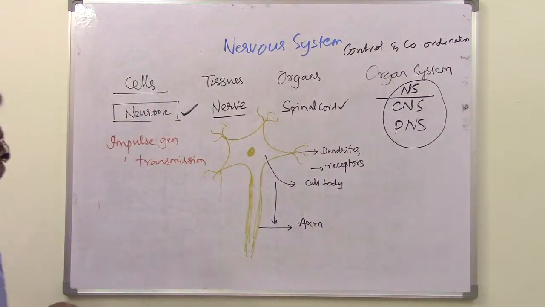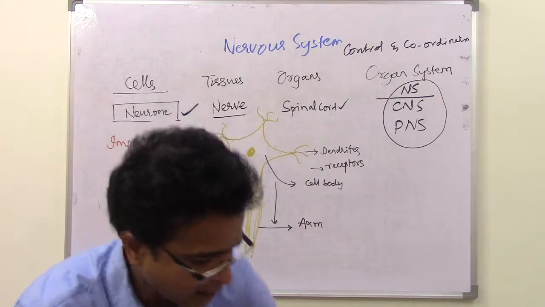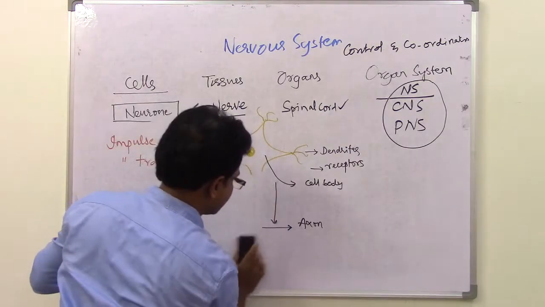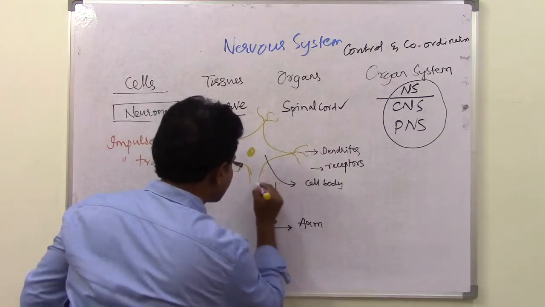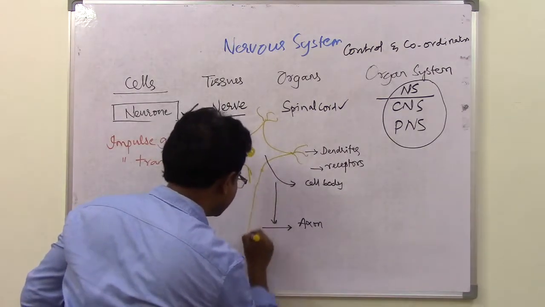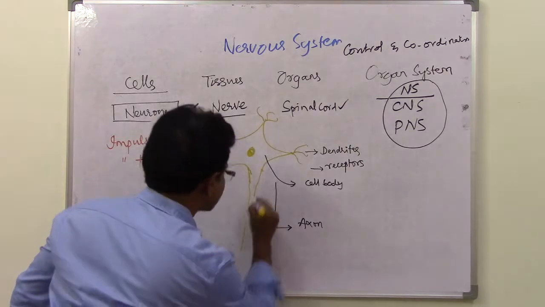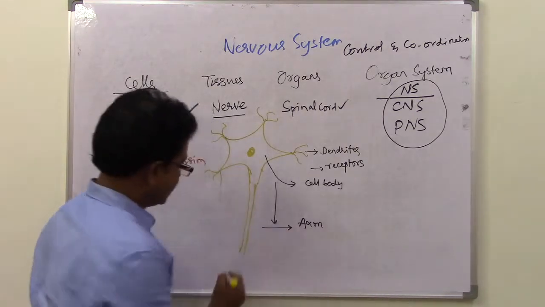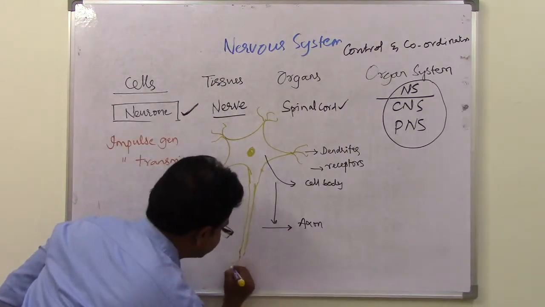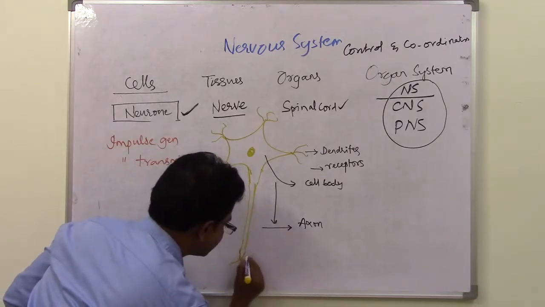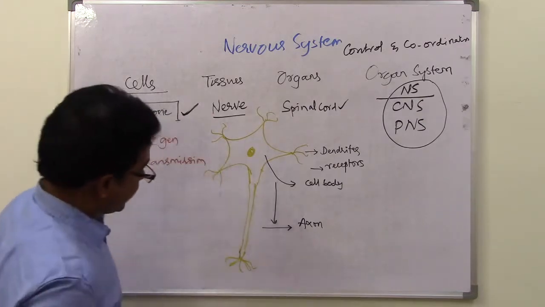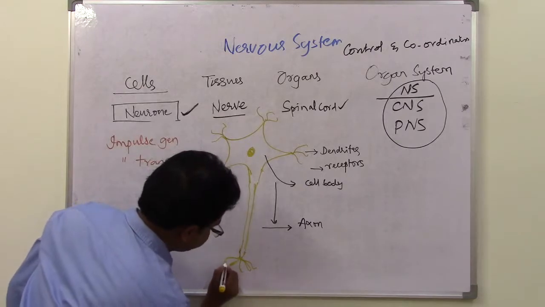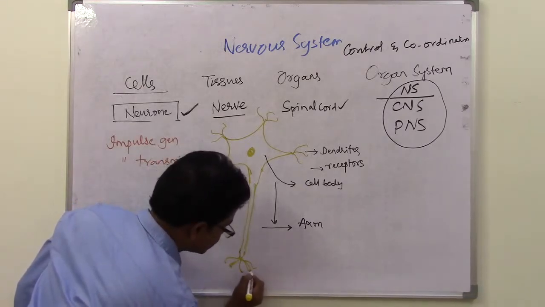So this is axon, and of course this is cell body, right? Now if you look at the axon, this is called axon hillock. From there it is an elongated process, right? And it ends up in, again, these small processes, and they are called presynaptic nodes.